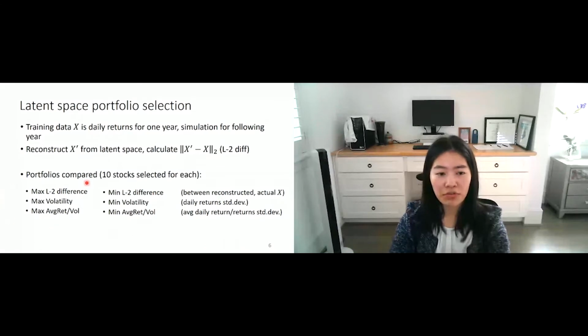And these were the portfolios that we compared. There are 10 stocks selected for each portfolio, and there were 3 different selection criterion. So the 10 stocks selected for the portfolio were the 10 stocks with the maximum or the minimum value of that selection criterion.